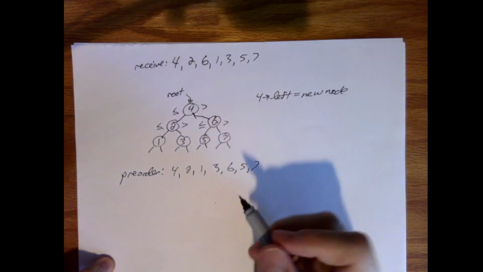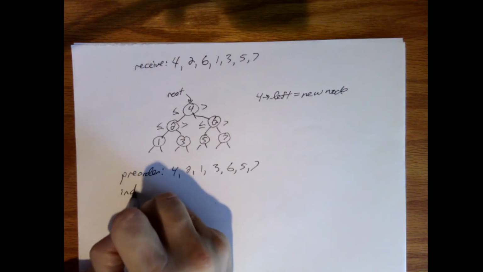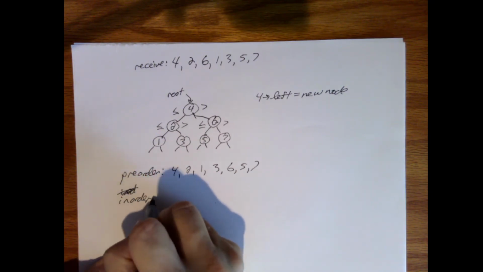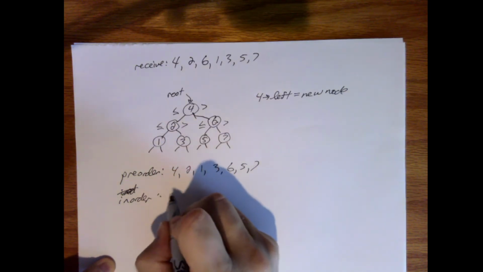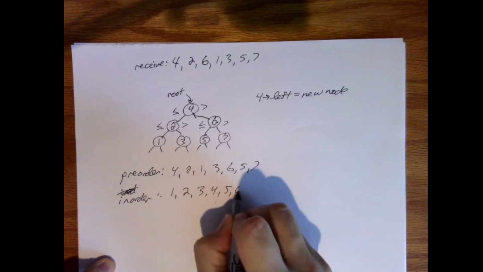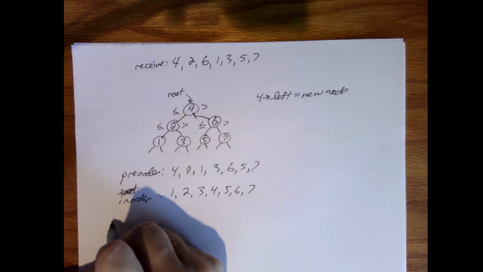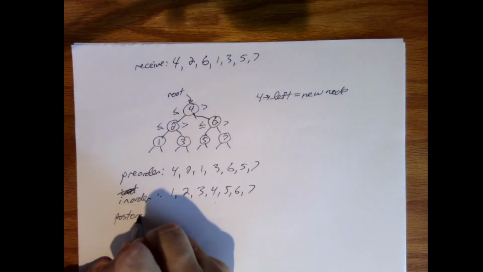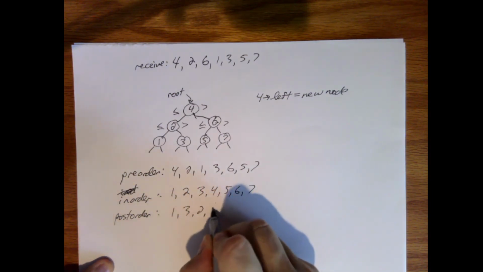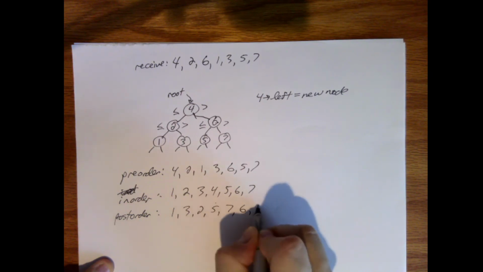And actually I can just copy it off the screen since I have that in order. Sorry. So in order it's going to be 1, 2, 3, 4, 5, 6, 7, and then post order, 1, 3, 2, 5, 7, 6, 4.